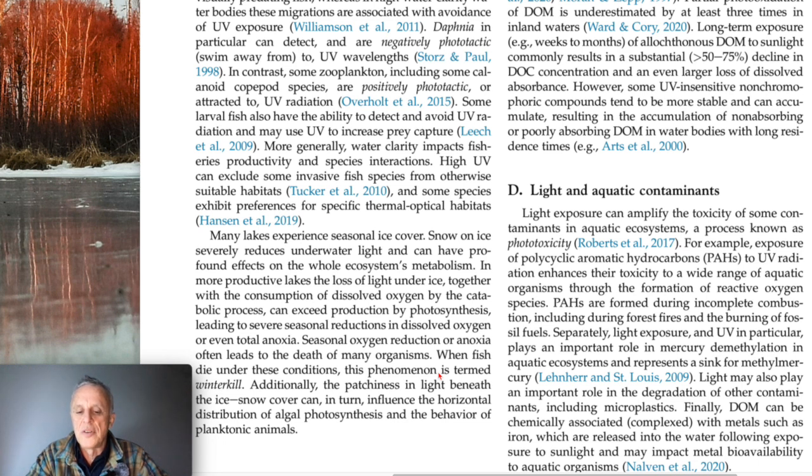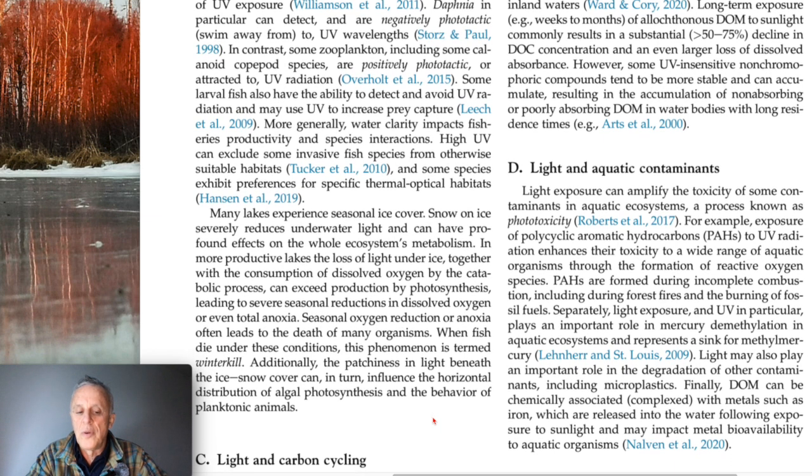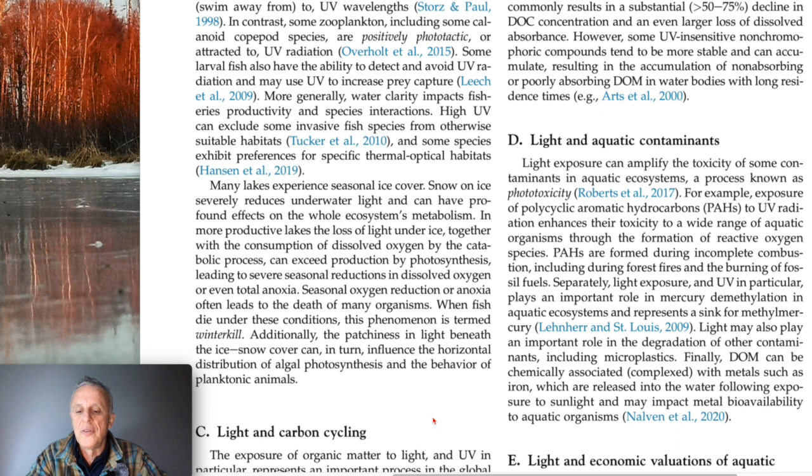Seasonal oxygen reduction or anoxia often leads to the death of many organisms. When fish die under this condition, this phenomenon is termed winter kill. Additionally, the patchiness in light beneath the ice and snow cover can in turn influence the horizontal distribution of algal photosynthesis and the behavior of planktonic animals.